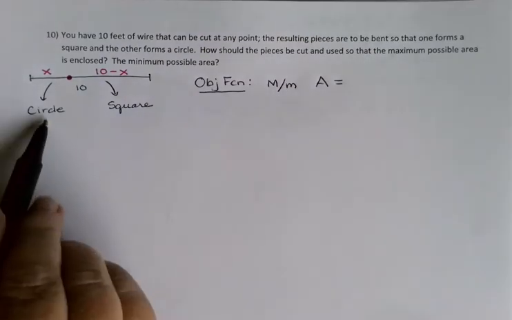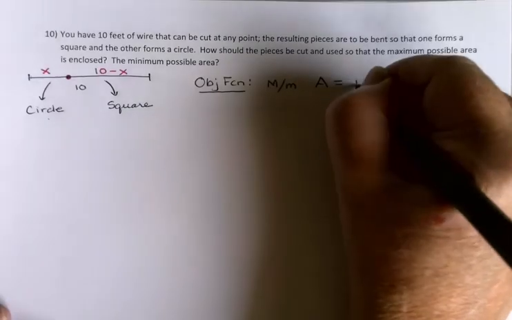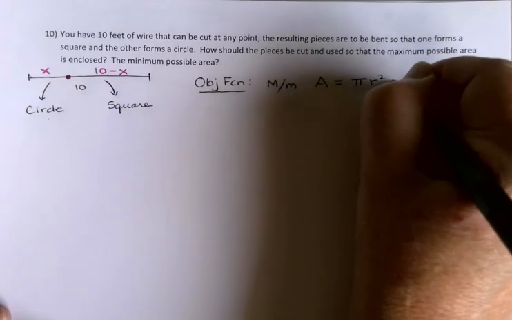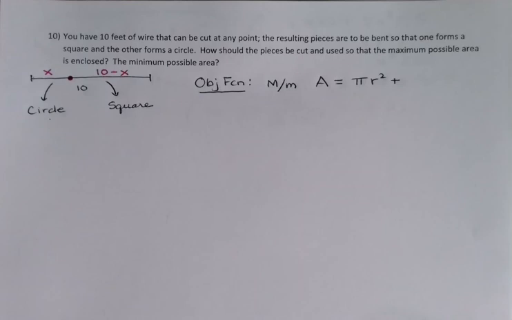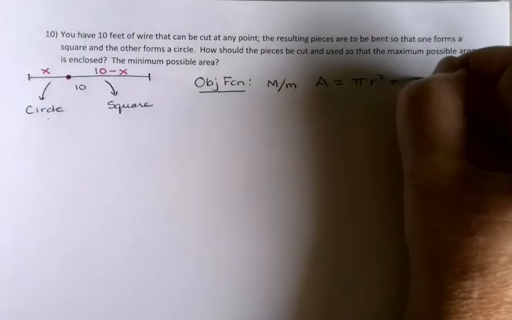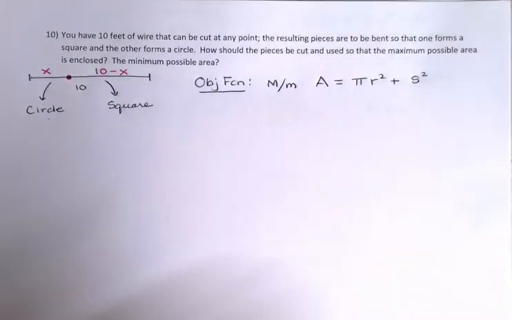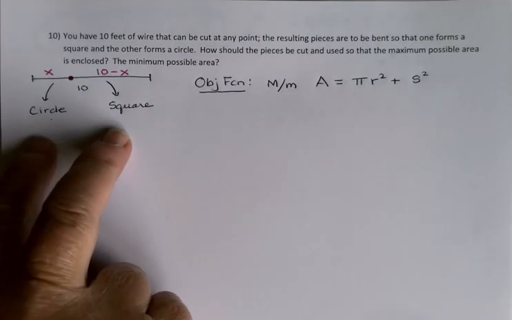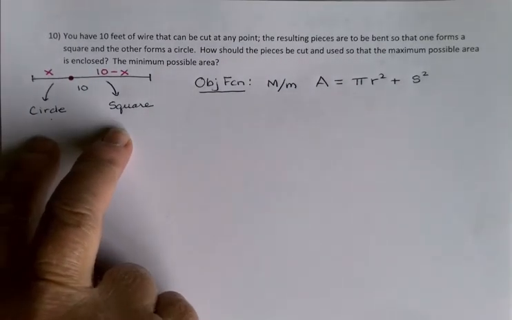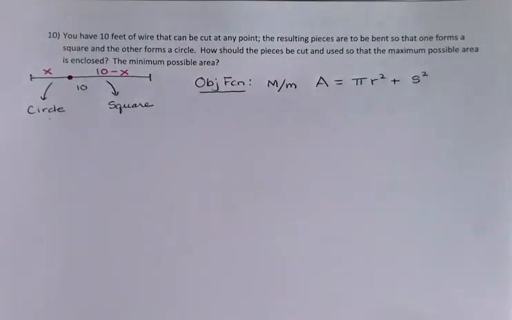And I'm going to say the area of a circle would be pi r squared, plus the area of a square is length times width, but since a length and a width per square are the same, I'll just say s squared, where s is the side of the square, s times s or s squared. Typical, we've got too many variables here. So we're going to come back over here and look at how we define these and see if we can't substitute. And in this case, I think we're actually going to end up substituting for both of them.